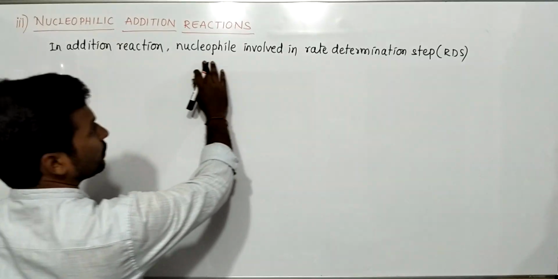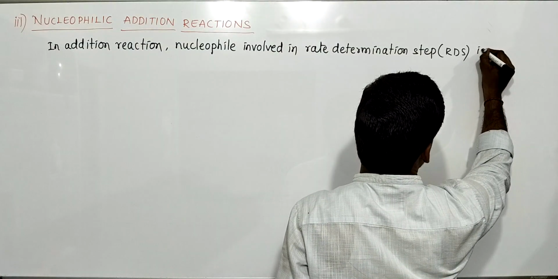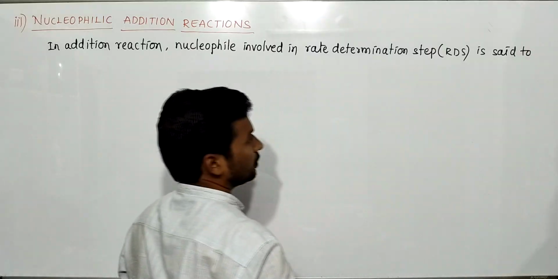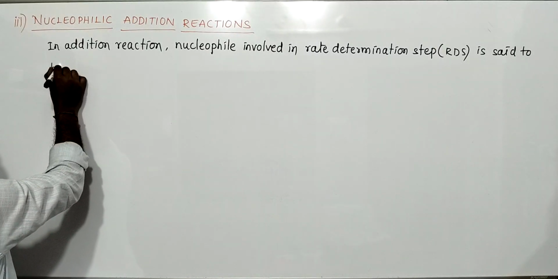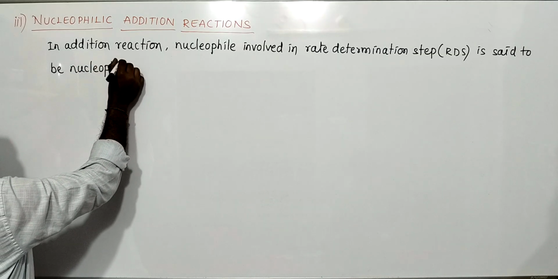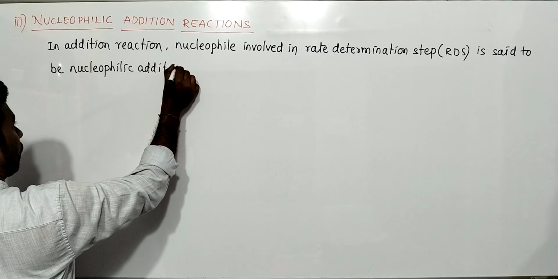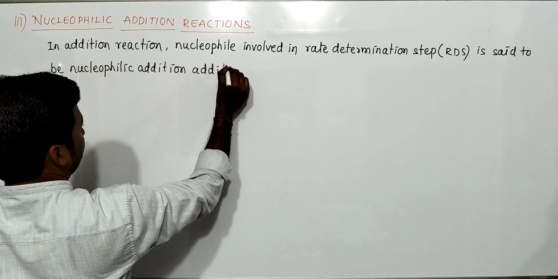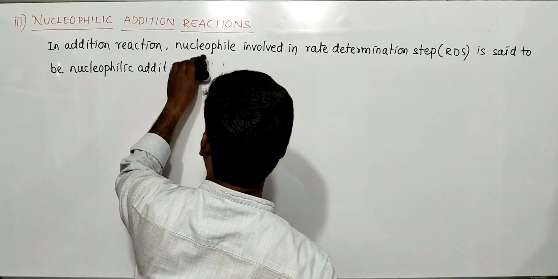In an addition reaction, when the nucleophile is involved in the rate determination step, it is said to be a nucleophilic addition reaction.